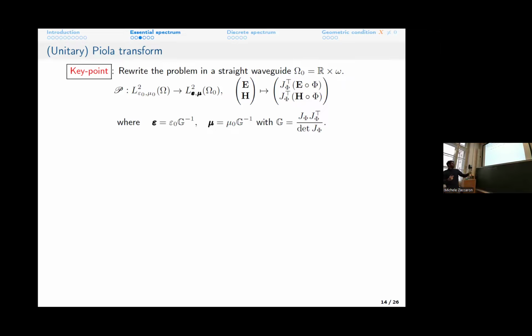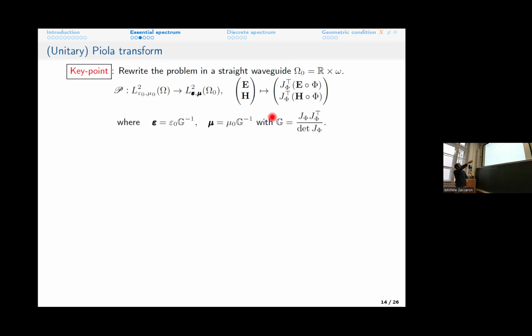We pull back the problem from omega to omega 0 by means of the Piola transform. The so-called Piola transform is a pullback. It's a unitary map from L2 of omega with the standard weight to L2 of omega 0, the straight waveguide, but with different weights, different parameters, if you want, for epsilon and mu.